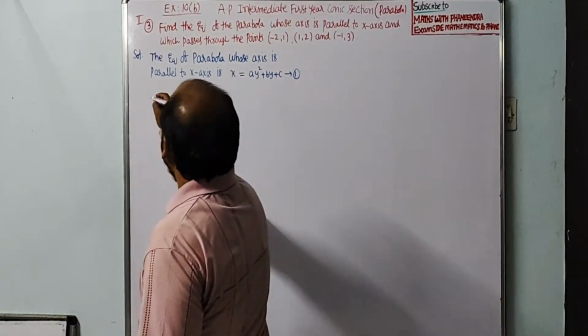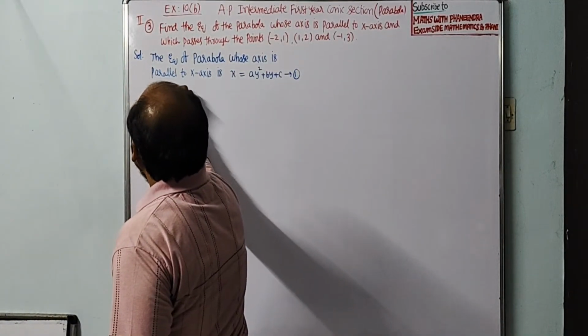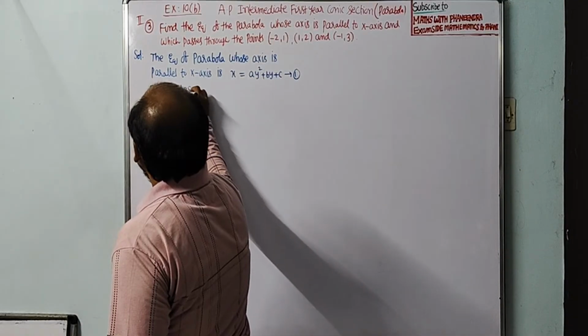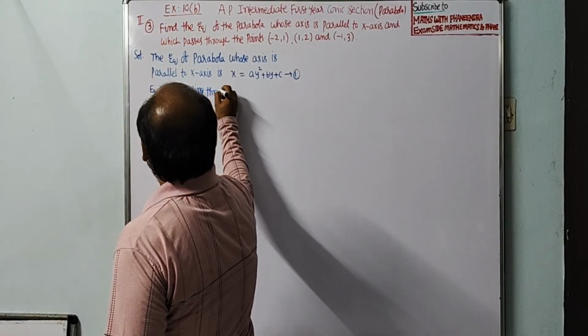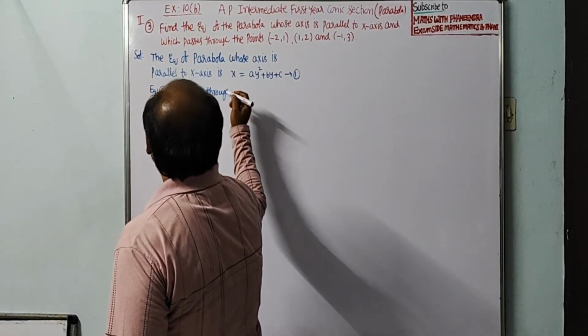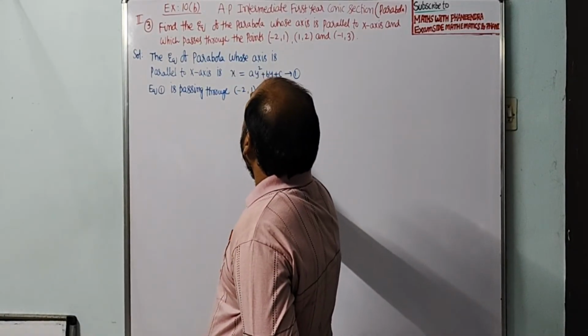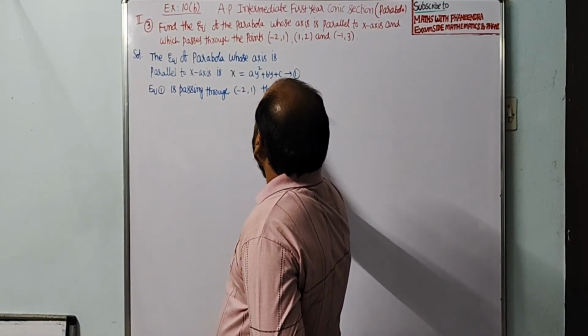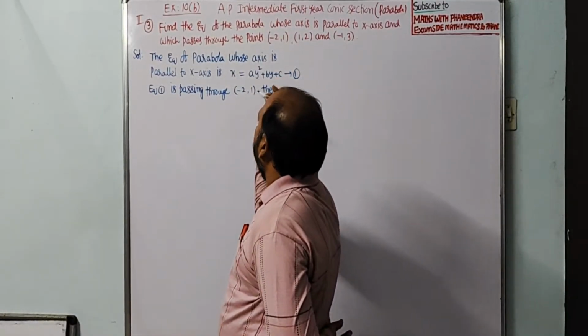After that, equation 1 is passing through minus 2 comma 1. Then in place of x minus 2, in place of y 1.